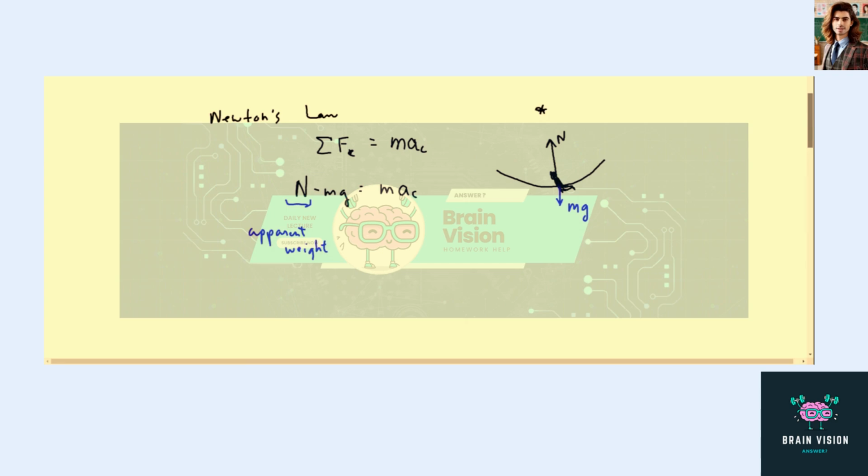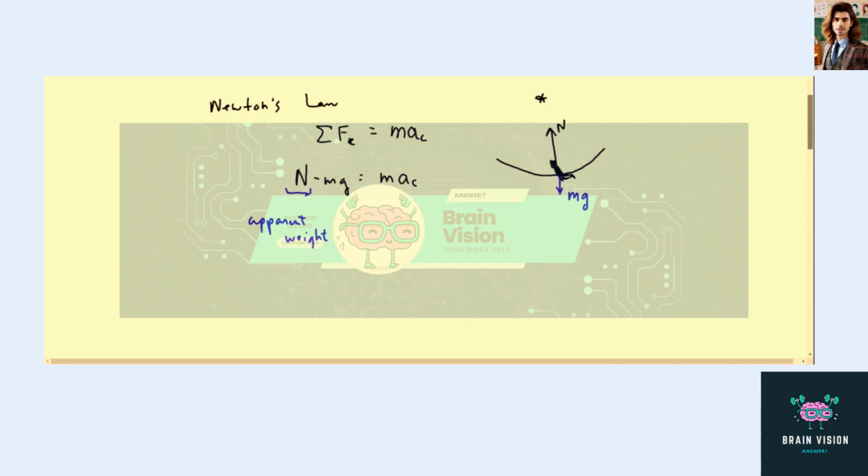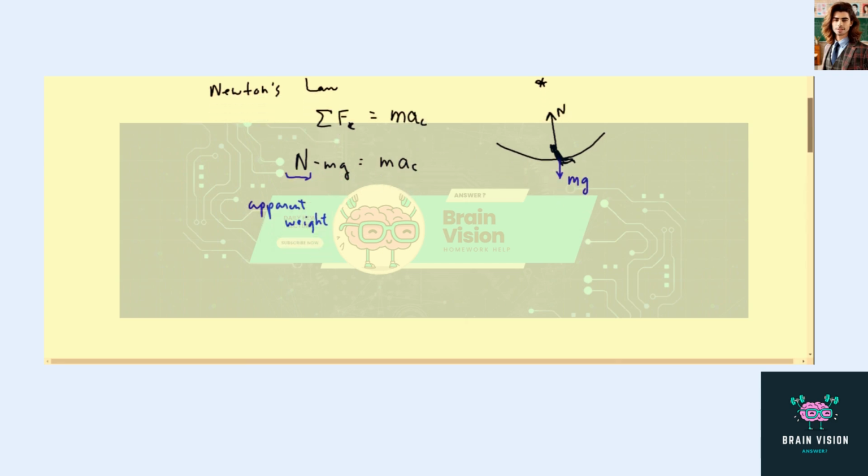Okay, so the normal force is your apparent weight, and let's solve for that. It is m a c, which is going to be equal to 4 g plus one more mg. So yes, the pilot will actually feel 5 Gs of force.